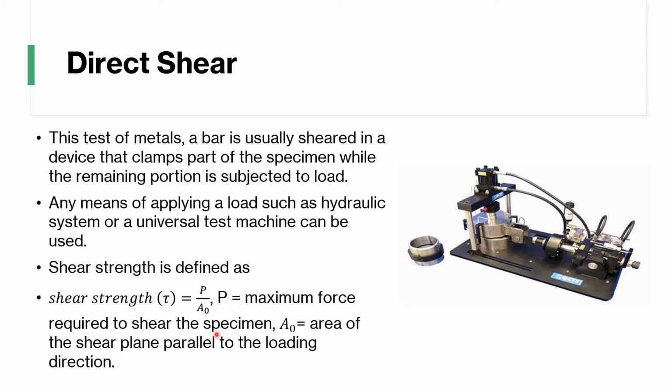You divide the load by the area, and you get the shear strength. On this part, you definitely need to get it. This part, if you can remember, perfect. If you can't remember it, just remember that for metals, we're loading the specimen.